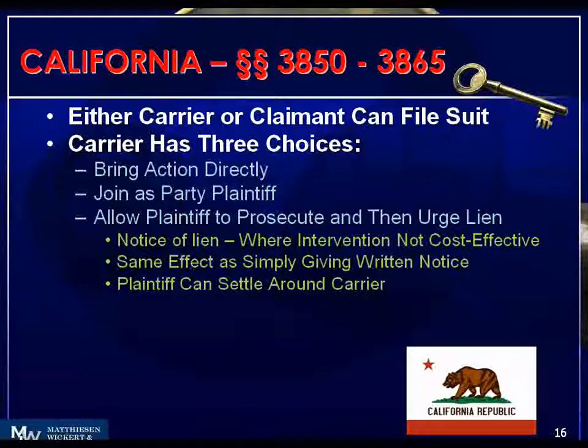This is where the intervention is not cost effective, and it has the same effect as simply giving written notice, or you can just give written notice. But the first option is the most expensive because you now have to prosecute the case. Chances are the plaintiff will intervene, but that gives you a leg up on whether you're going to be ready if the plaintiff settles around you later on.